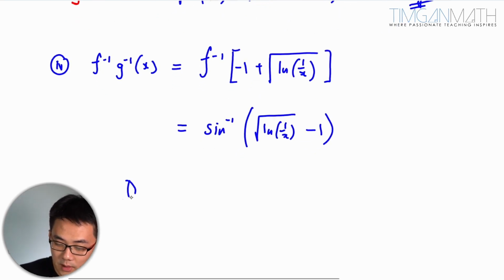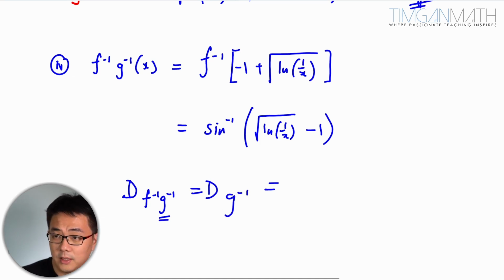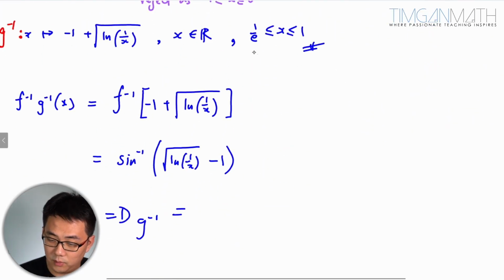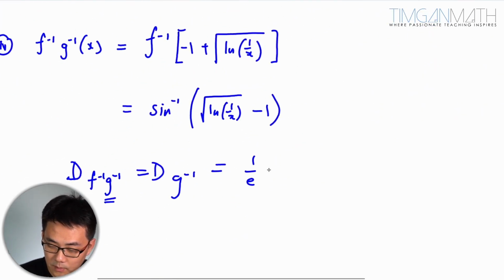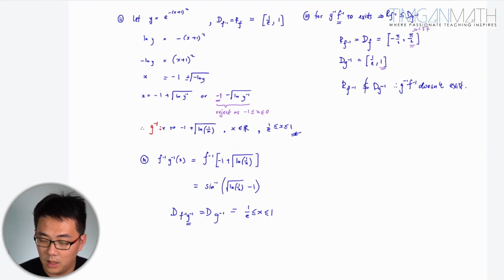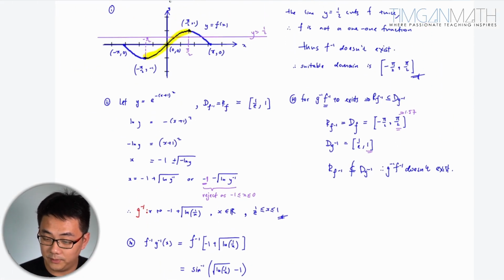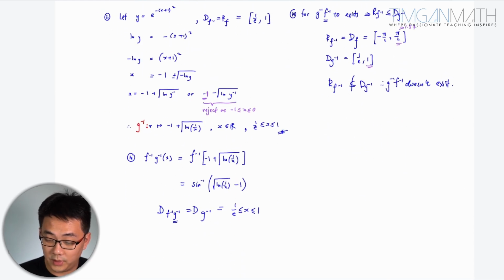Alright, state its domain. The domain of G inverse is the domain of the first function. In this case, the domain of G inverse is 1 over e to 1. Then the range, however, is a bit tricky.